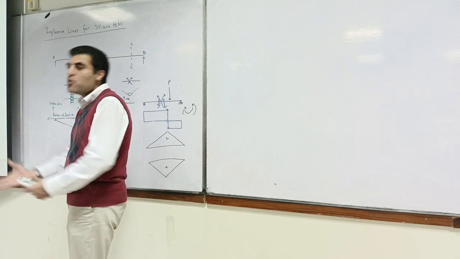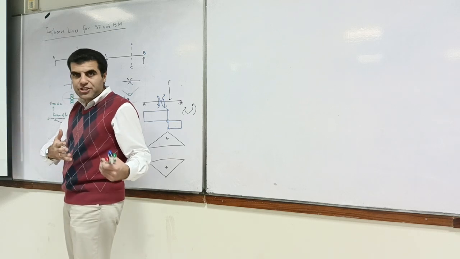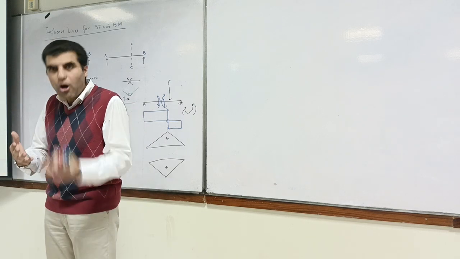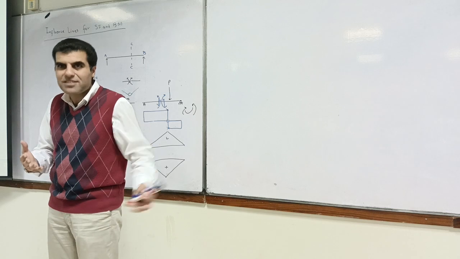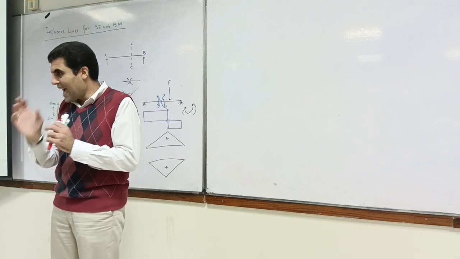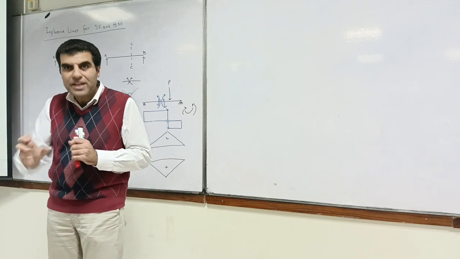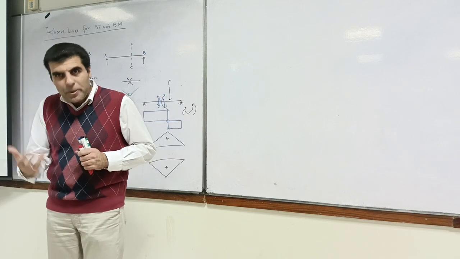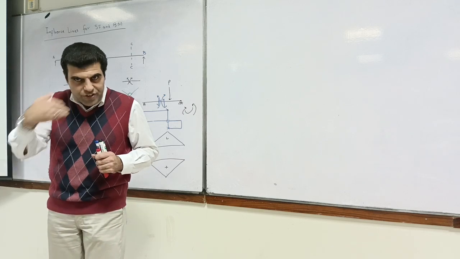Then how can we use it in the case of those structures which have moving loads? Because we are always interested in finding out the maximum. So we don't know whether at that particular section which we have picked, that would be maximum or not. Yeah, that's the question. So normally what happens is, we haven't yet reached there.